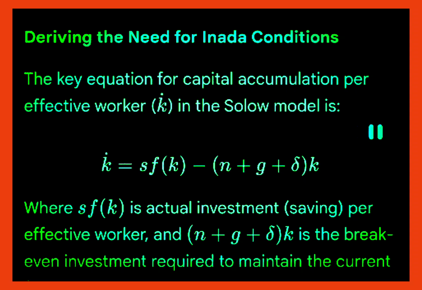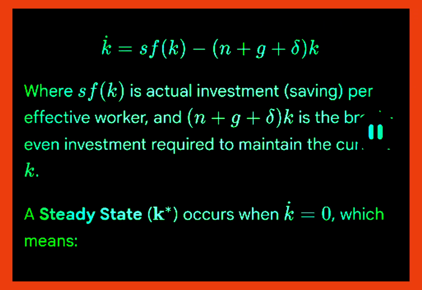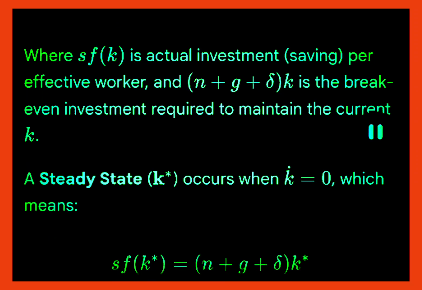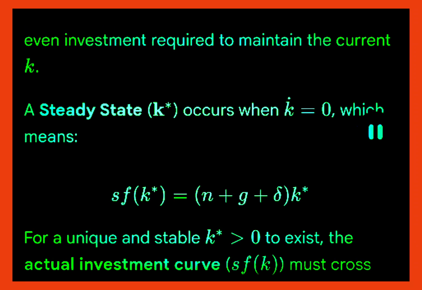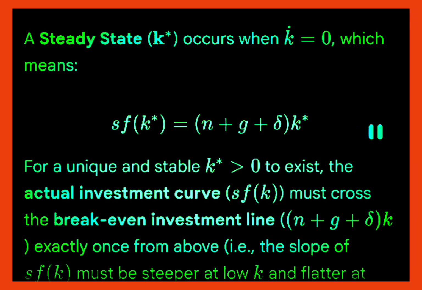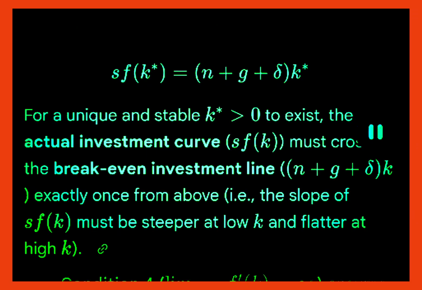A steady state, k*, occurs when k-dot equals 0, which means, for a unique and stable k* greater than 0 to exist, the actual investment curve, sf(k), must cross the break-even investment line, (n + g + δ)k, exactly once from above, i.e., the slope of sf(k) must be steeper at low k and flatter at high k.